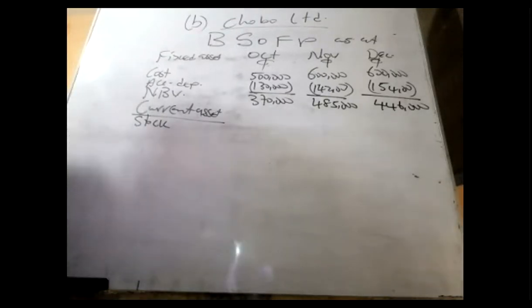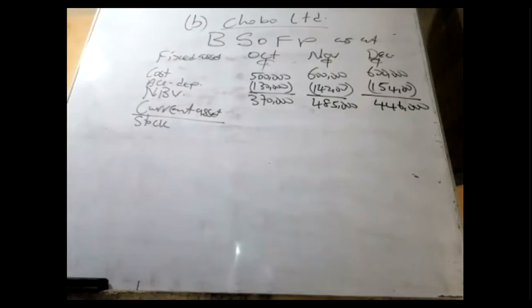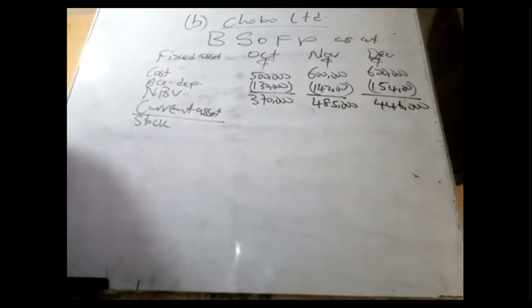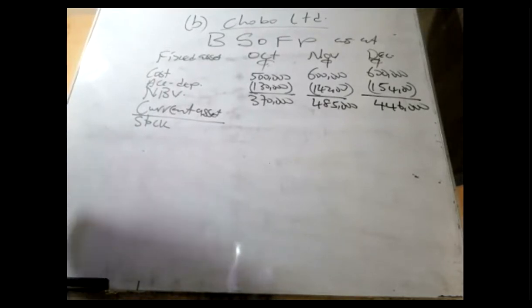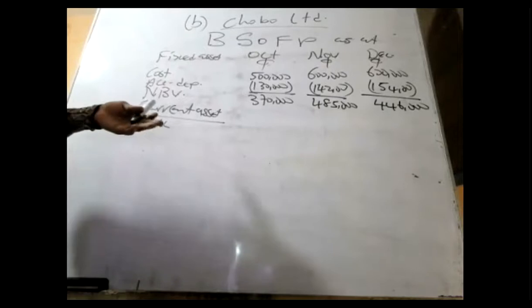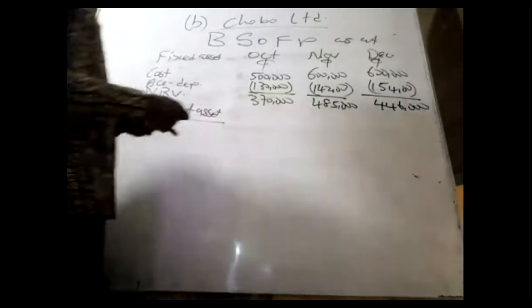So stock, pick the closing stock, the closing inventory. In fact, November is 458, not 485. Thank you.